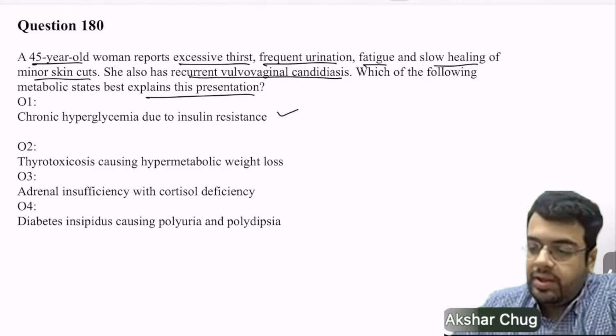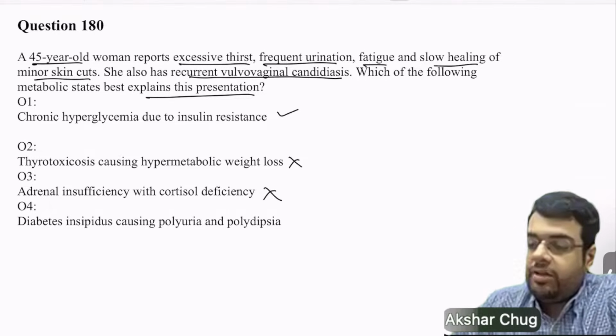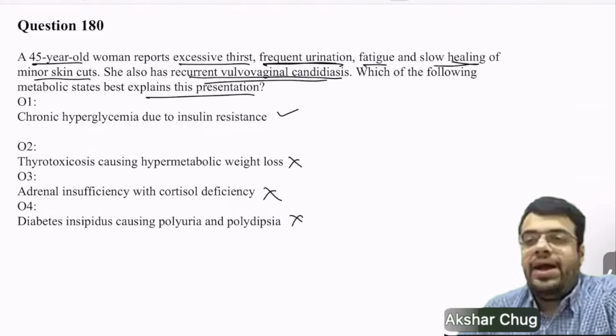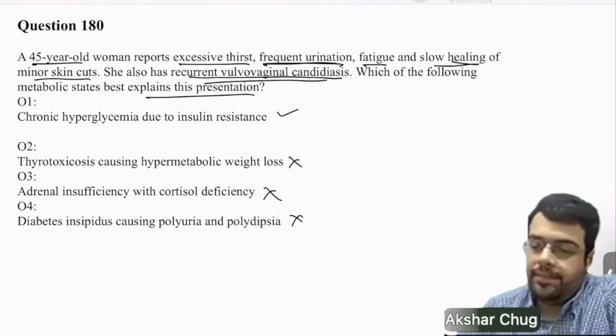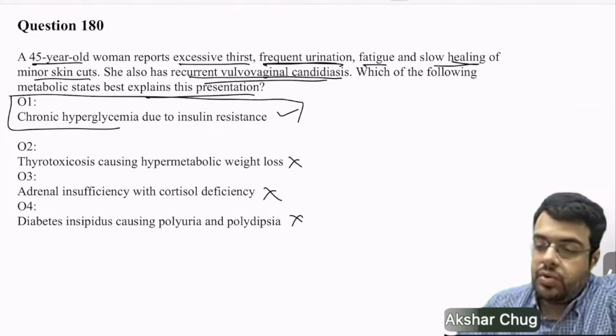Thyrotoxicosis, no. Adrenal insufficiency, again no. Diabetes insipidus, causing polyuria and polydipsia, will explain the frequent urination, but not the delayed wound healing and the recurrent vulvovaginal candidiasis, which is seen due to a higher amount of glucose in the body in uncontrolled diabetes. So option 1 is the correct answer here.